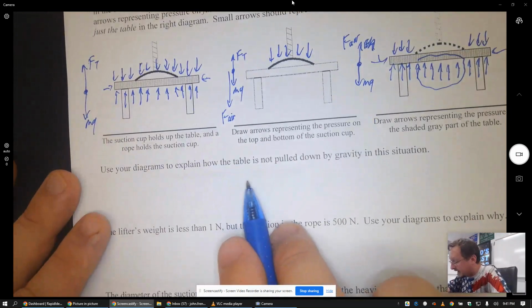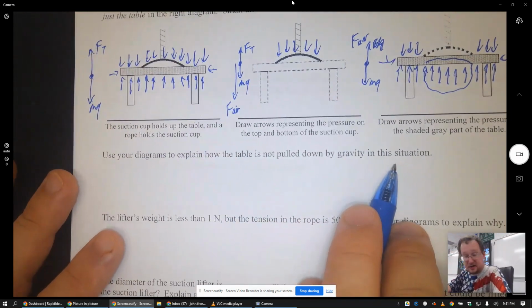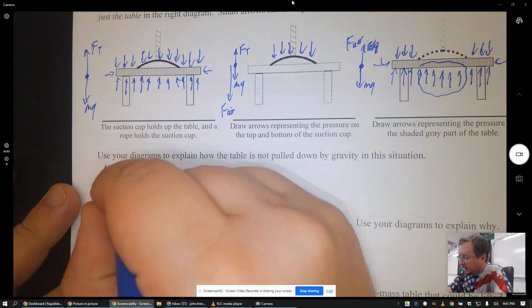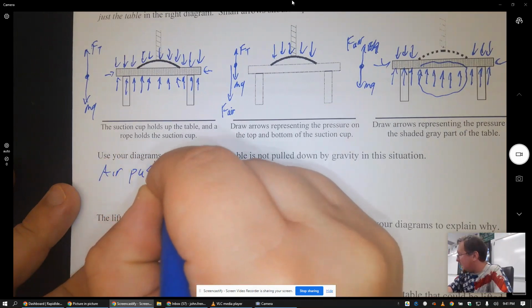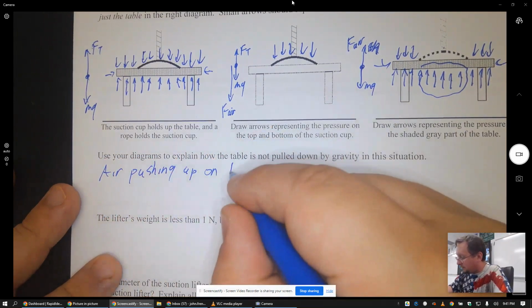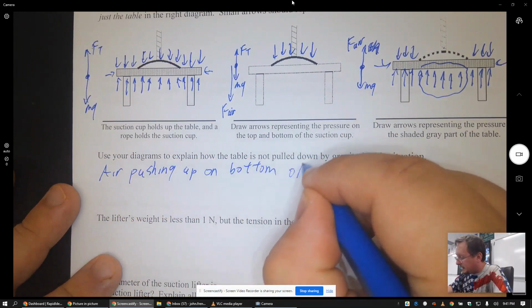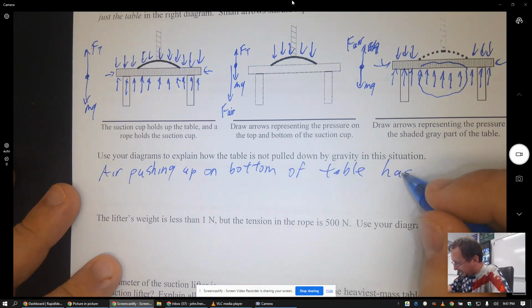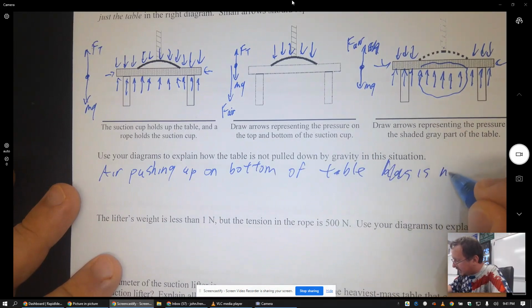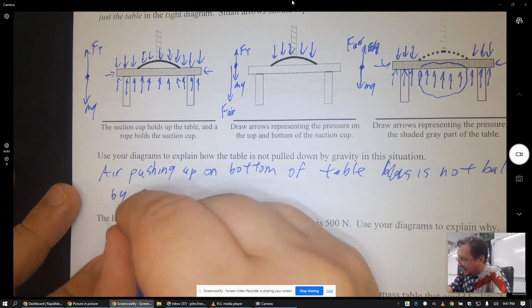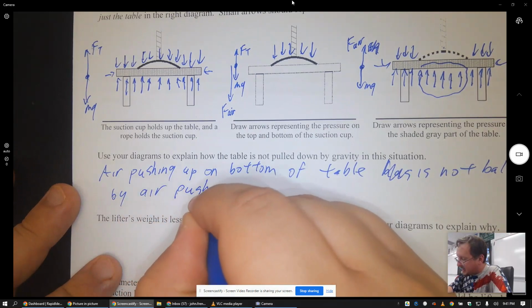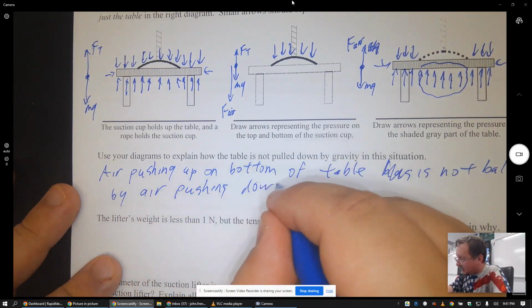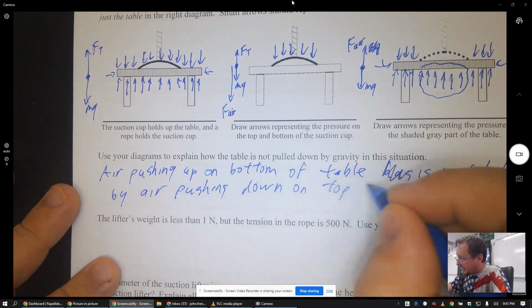So how's the table not pulled down by gravity in this situation? Because the air pushing up on the bottom of the table is not balanced by the air pushing down on the top, right?